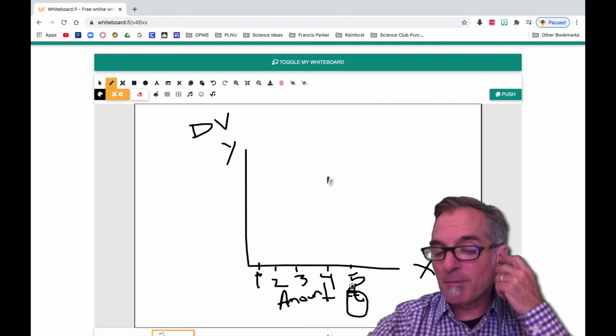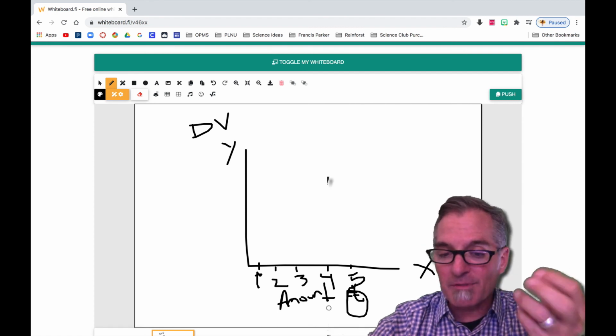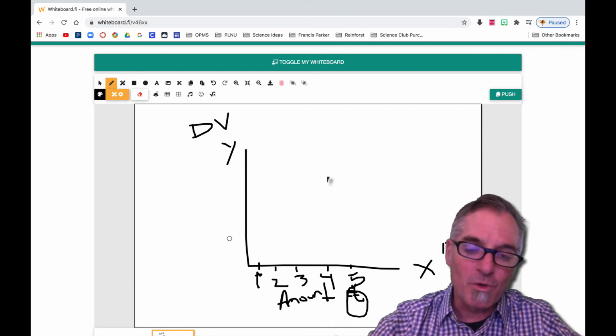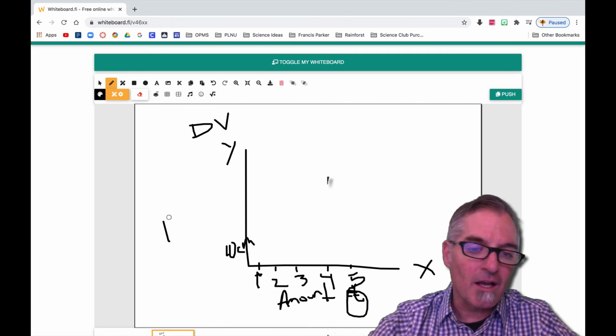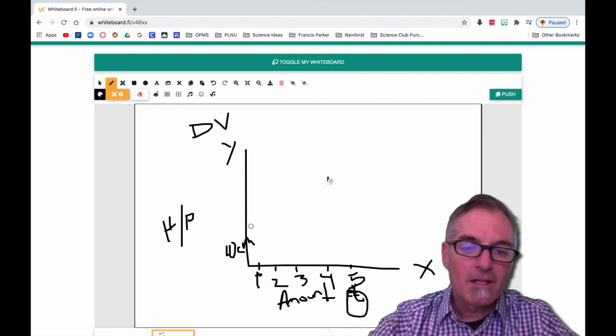And again, it might be better to measure these in grams. We weigh them out on the scale, be a little more scientific. And then up here, I think it said the height of the plant. So maybe, let's say they start out at 10 centimeters. So this is going to be the height of the plant. Okay? And maybe 20 centimeters, 30 centimeters, 40 centimeters.